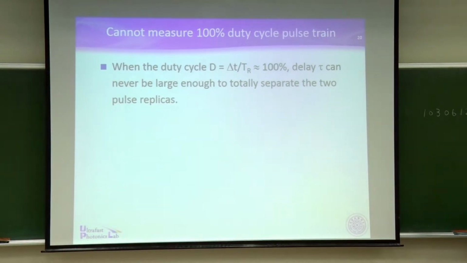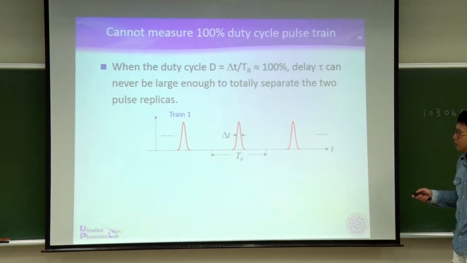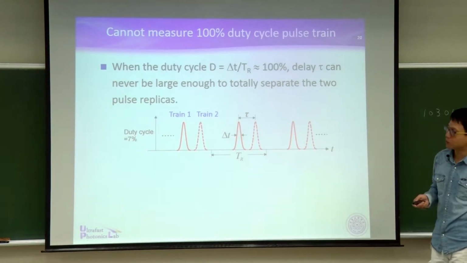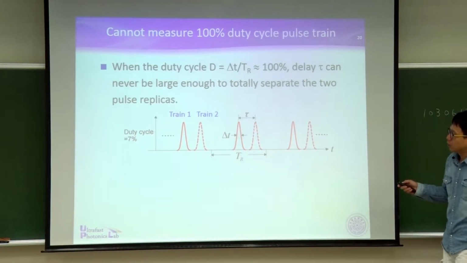For example, you have a pulse train like this. This is single pulse duration. This is repetition period. If your duty cycle is about like 7%, with a delay tau, you got train number 2, represented by the dashed curve.